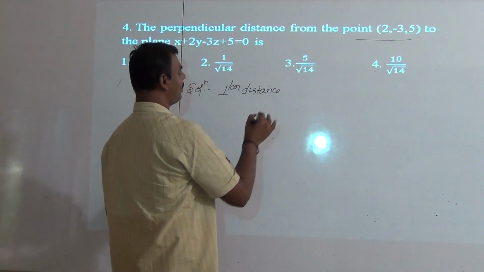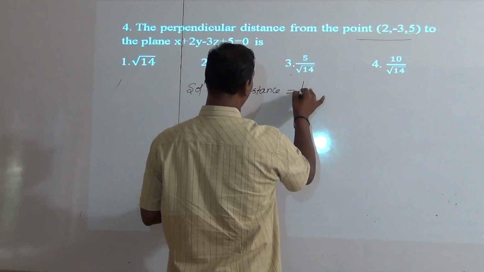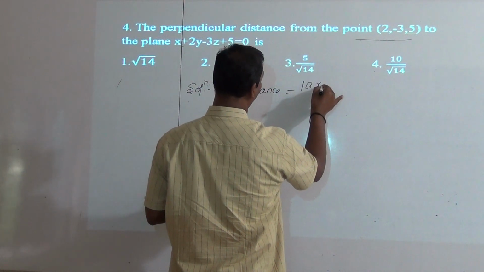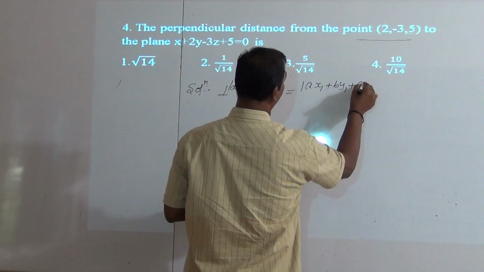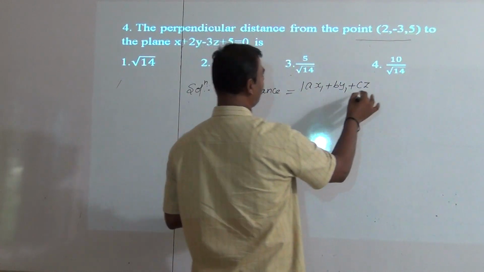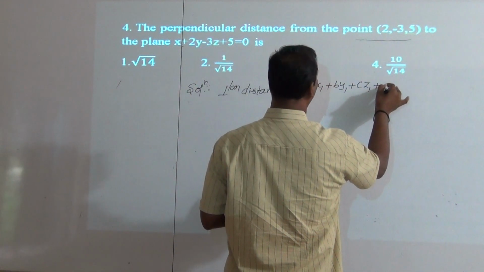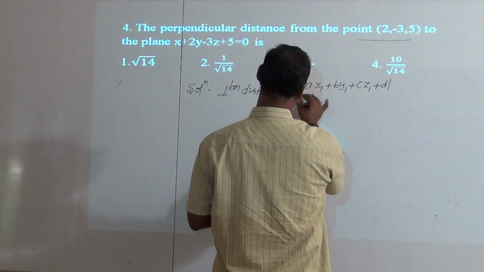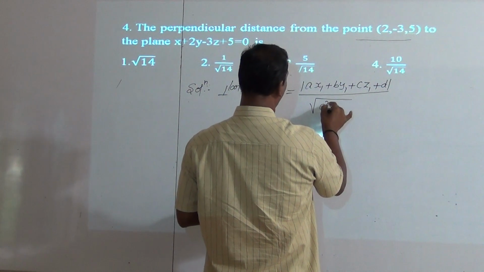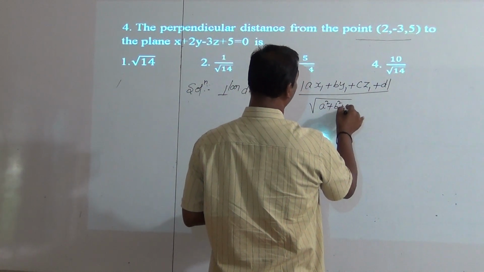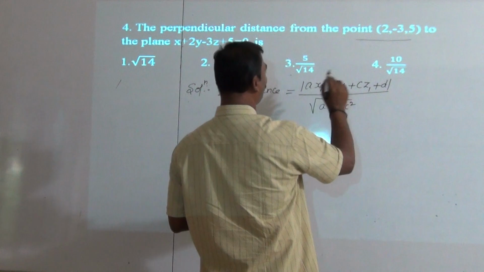is equal to, I take directly the formula: a into x1 plus b into y1 plus c into z1 plus d, whatever d here, either plus or minus, over square root of a square plus b square plus c square. So what is the point?